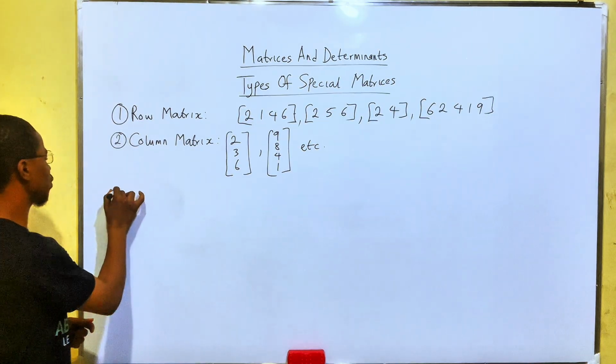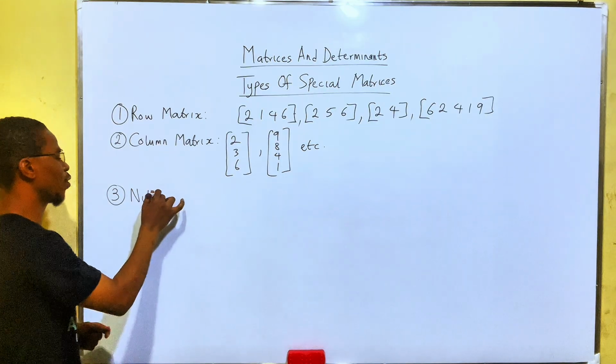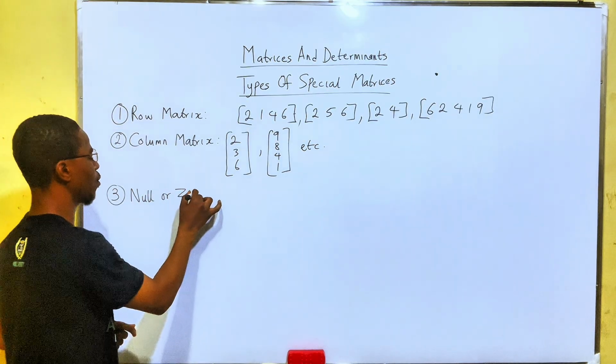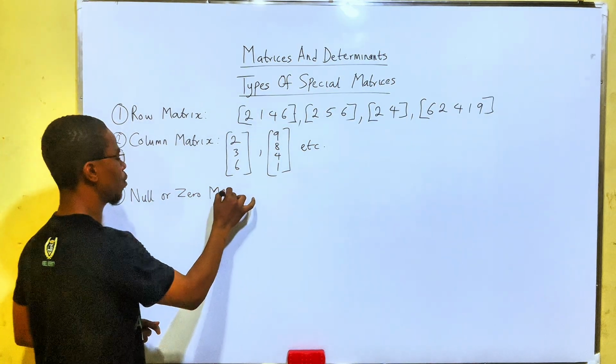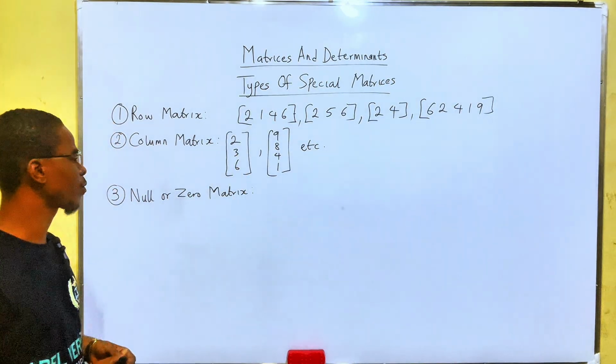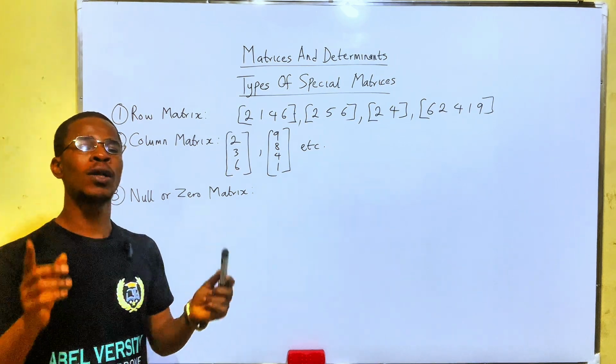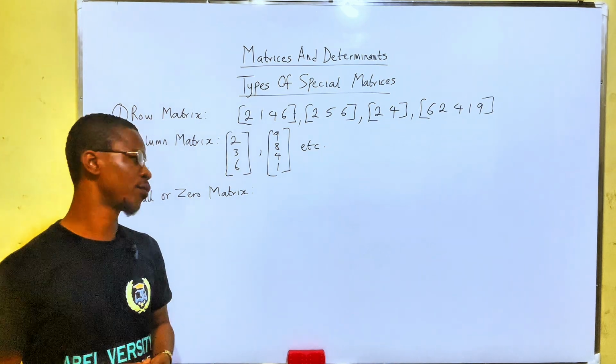We have the third one, null or zero matrix. A zero matrix is a matrix which has all its elements as zero.